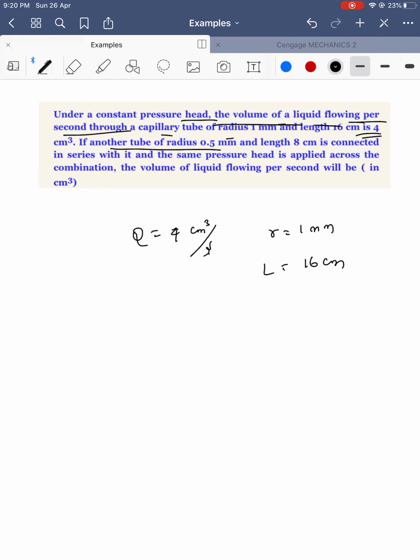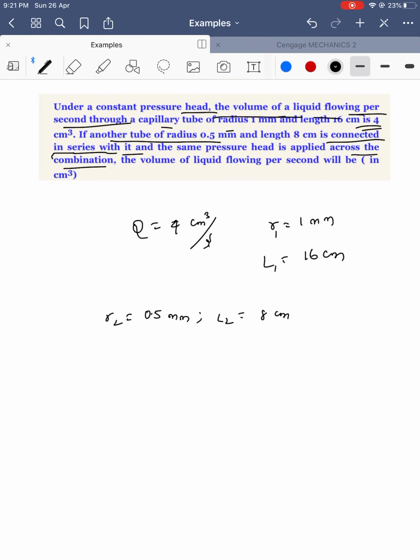If another tube of radius R2 equal to 0.5 millimeter and L2 equal to 8 centimeter is connected in series, and the same pressure head is applied across the combination, the same pressure drop is applied.